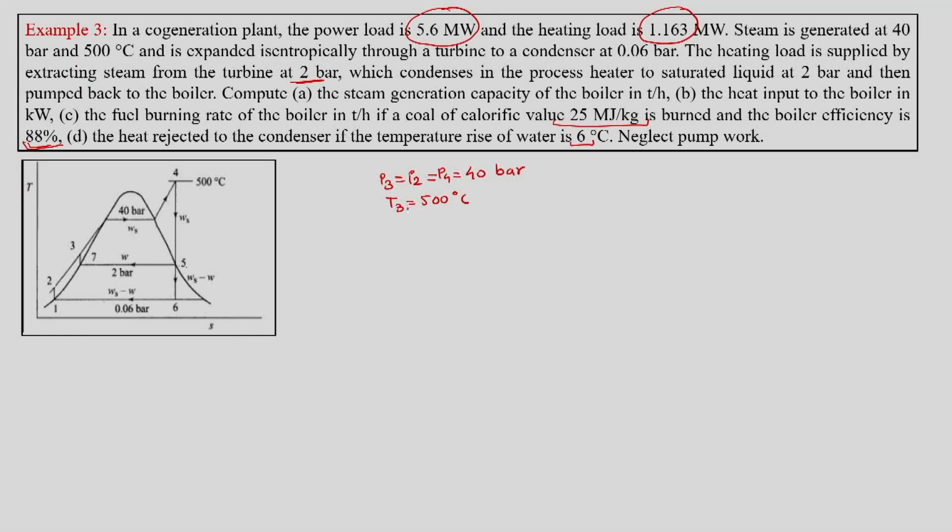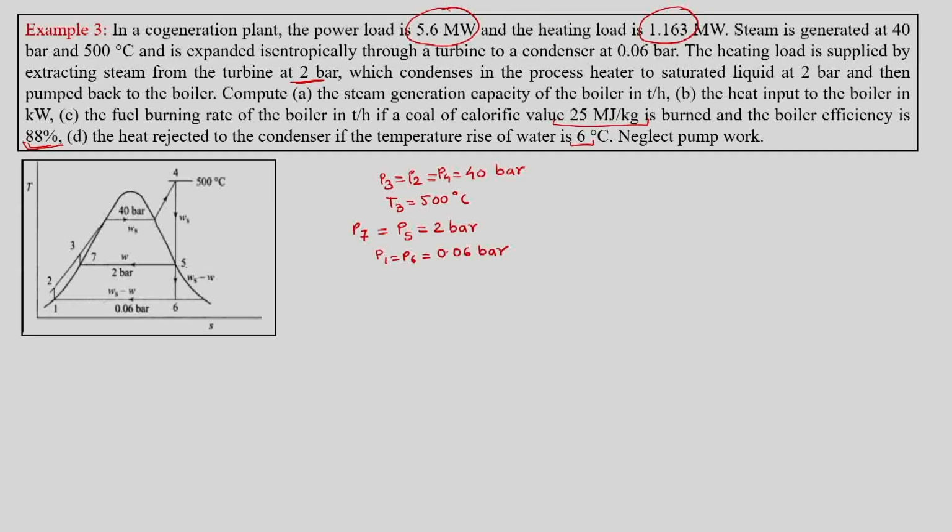We are also told that the process heating is taking place at 2 bar. So, we have P5 is equal to 2 bar and this is also equal to P7. We are also told that combustion efficiency is 88%, and P1 is equal to P6 is equal to 0.06 bar.